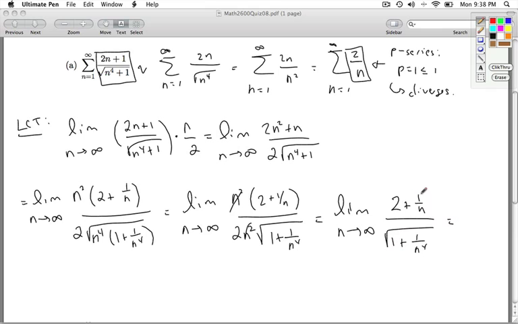As n traipses off to infinity, the 1 over n goes to 0. 1 over n to the fourth goes to 0. I forgot my 2, which is still in there. And so I get 2 over 2, which is 1. Now what's important about 1?